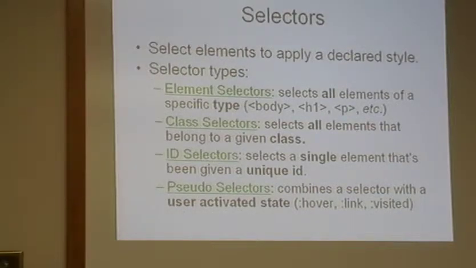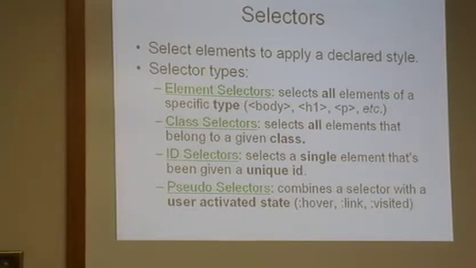Selectors select elements to apply a declared style. There's 4 different kinds of selectors that we're going to learn. There's the element selectors, which select all elements of a specific type. So your HTML has its own set of element types, like body, H1, which is the header, P, which is a paragraph, A, and whatnot.